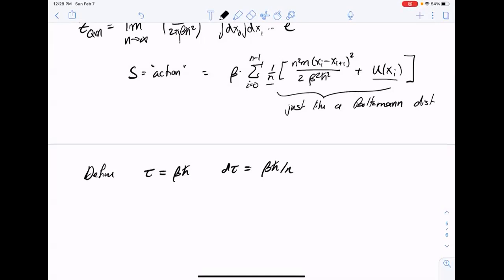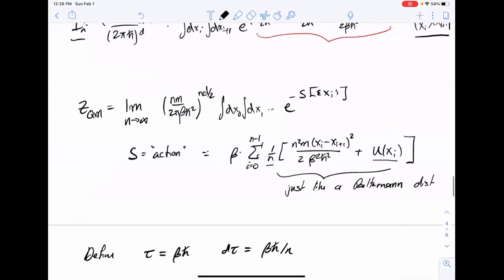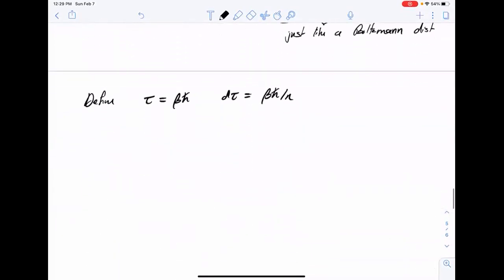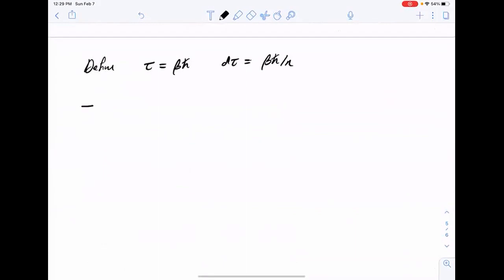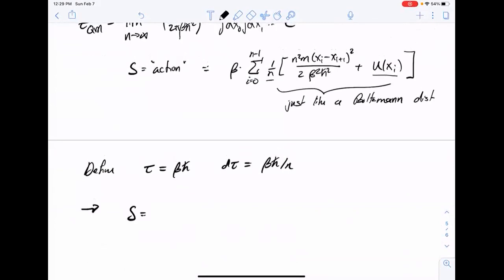So I can take a continuum limit, take this limit as n goes to infinity, and what I will get is that the action becomes continuous. So n squared over beta h bar squared, that's what I've just defined as a delta t quantity squared.